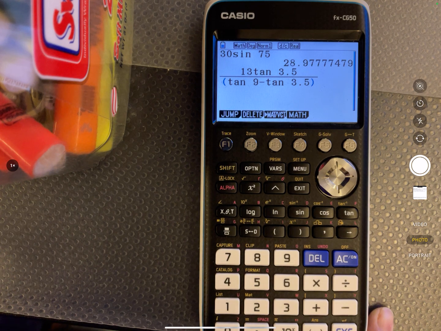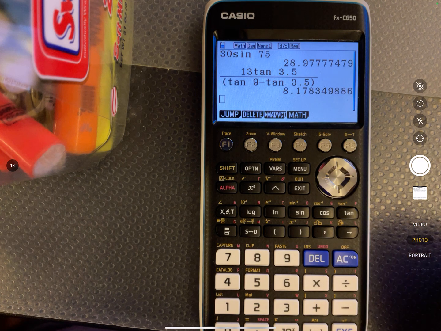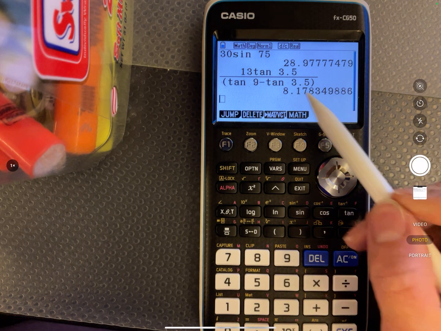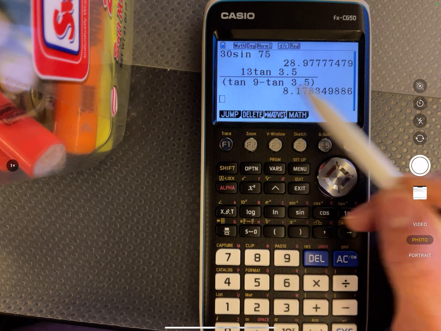And I'm not sure that I need the parentheses there, but it made me feel better. And then I press enter, and I get 8.178.